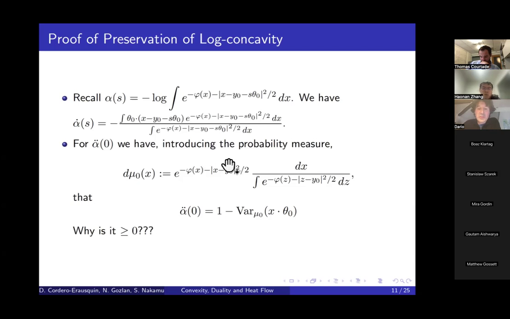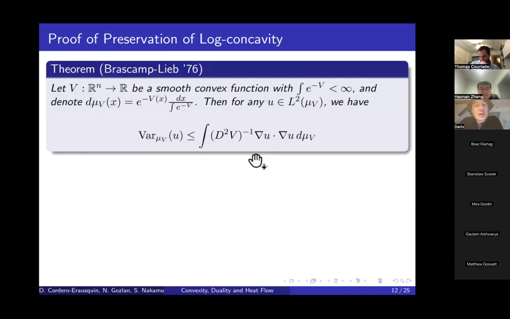Okay, and so the question is whether this variance is non-negative, right? So we must use some property of this inequality, and the idea that appears in the paper by Brascamp and Lieb is that indeed you have some kind of spectral inequality that proved to be very important in various fields.